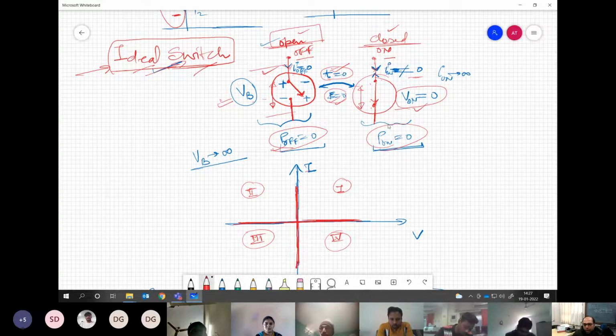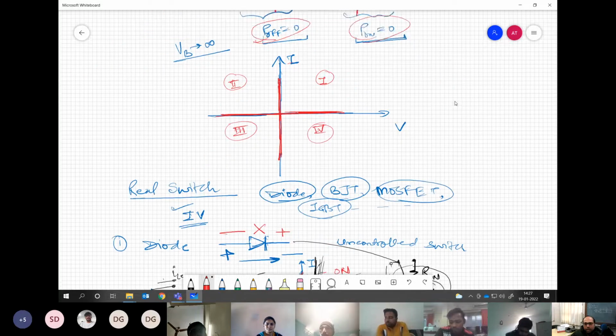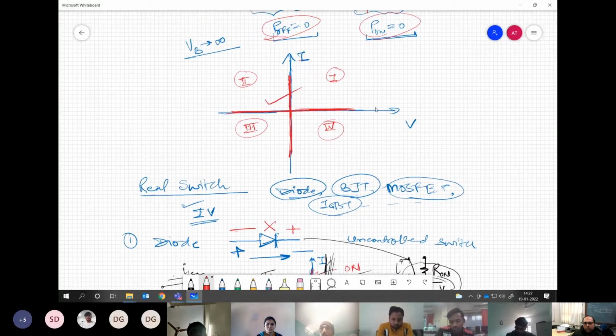Now what we have to realize is something which is closer to this ideal characteristic. This is the IV characteristic of the ideal switch, and we have all 4 quadrants being operated. So we may have positive current, positive voltage; positive current, negative voltage; negative current, negative voltage; and positive voltage, negative current. So all 4 conditions it can fulfill.